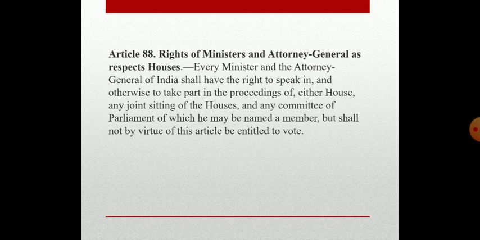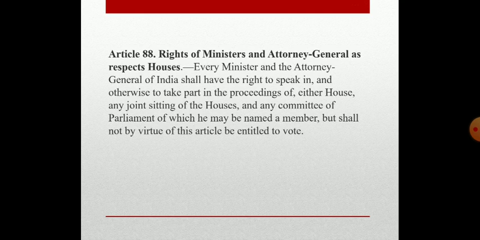So every minister and Attorney General of India shall have the right to speak in and otherwise to take part in the proceedings of either House, any joint sitting of the Houses and any committee of Parliament of which he may be named a member, but shall not by virtue of this article be entitled to vote. So these are two categories of people. Okay, first one being the ministers, second one is Attorney General of India.